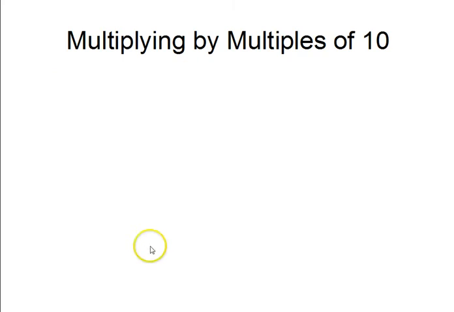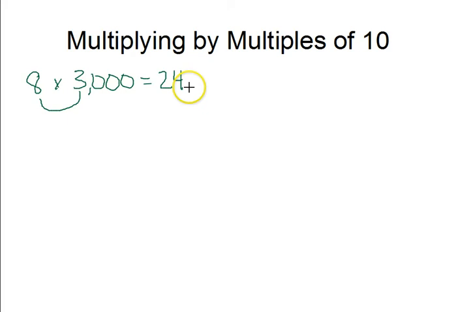8 times 3,000 is 8 times 3 is 24. And then we count up our zeros. 1, 2, 3, comma.